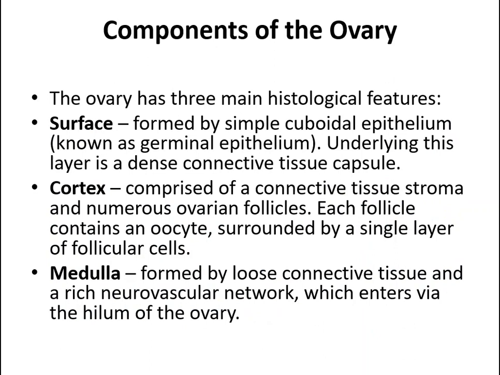Next is the medulla. The medulla is formed by loose connective tissue and a rich neurovascular network, meaning nerve supply and vascular supply, which enter via the hilum of the ovary. So three basic structures: surface, cortex and medulla. The surface is the outer simple cuboidal epithelium, the cortex is comprised of connective tissue, and the medulla is loose connective tissue.